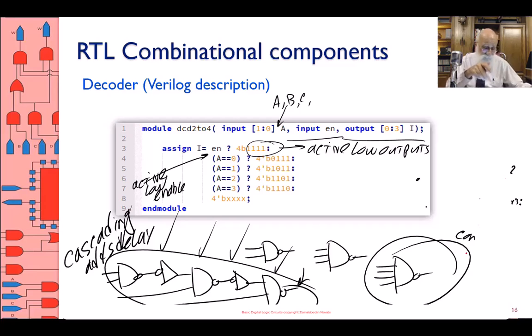That's a condition. I'm saying if enable is 1, the outputs are all 1, not active. Else means the enable is 0, meaning active. Okay, now we are talking.